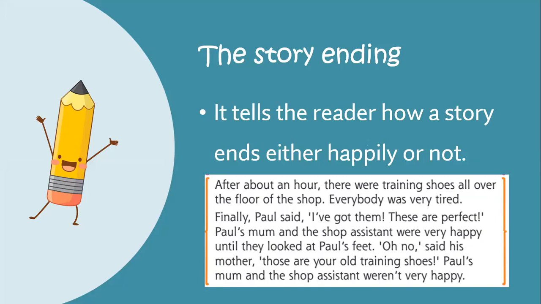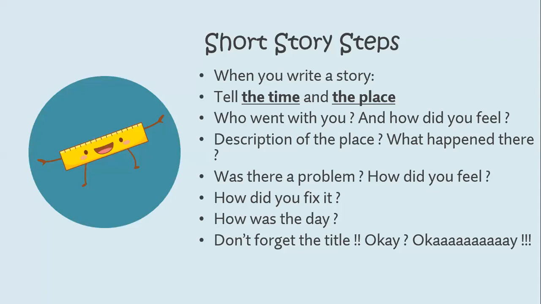I called her on the phone and she found me and I went to her. I was really happy when I saw my mother, and so on. So this is the part when you write how you ended your problem or how you fixed the problem and so on. Okay, so we will go back to the steps of the story.